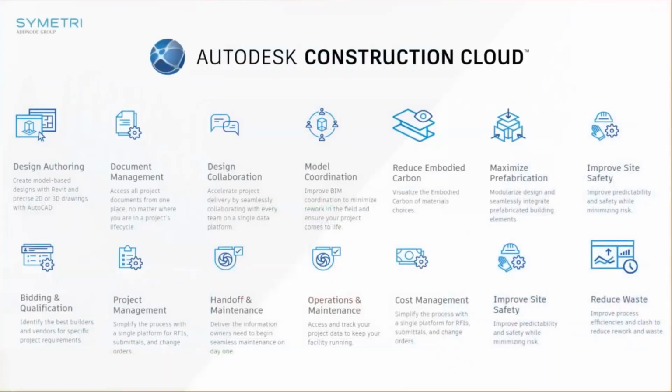Okay, so Autodesk Construction Cloud, if it's new to you, what does it actually mean? Well, we're talking about co-authoring models. We're talking about reducing embodied carbon. We're talking about maximizing prefabrication elements. We're looking at the entire construction process, right from the brief through to demolition. We're looking at how we can hand over our models from party to party in a more streamlined way, and reducing bottlenecks as well.